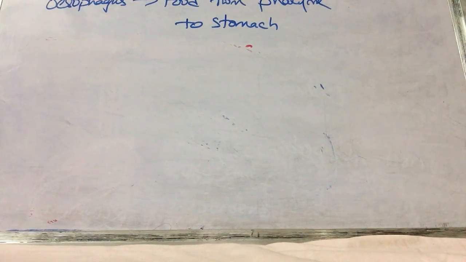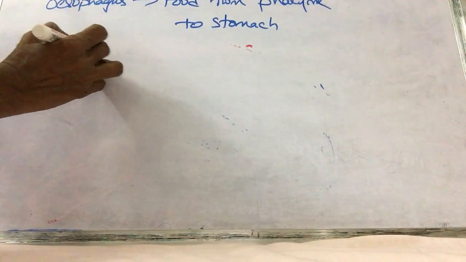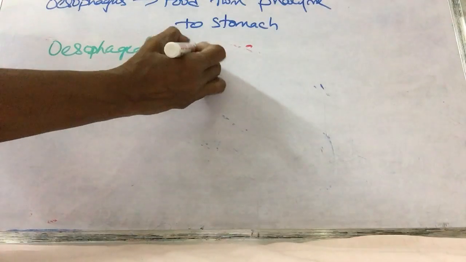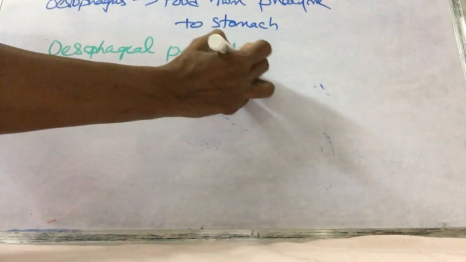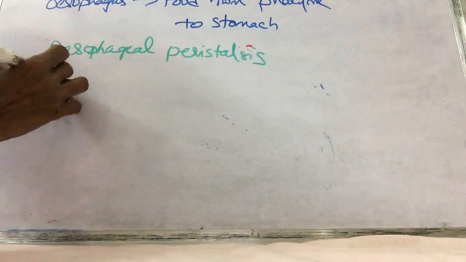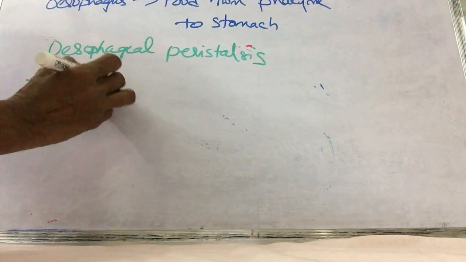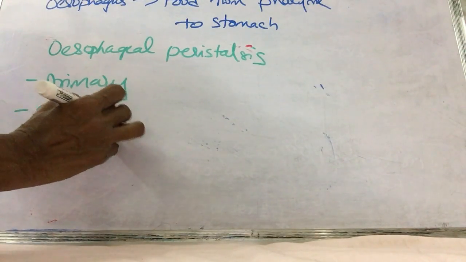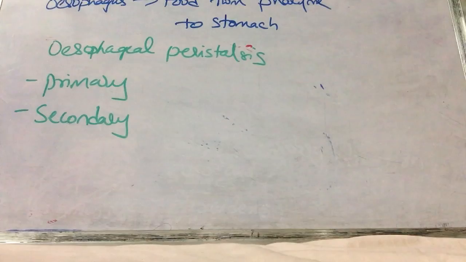Now, esophageal peristalsis. Two types of peristalsis occur in the esophagus: primary and secondary. Primary peristalsis is initiated by deglutition reflex.